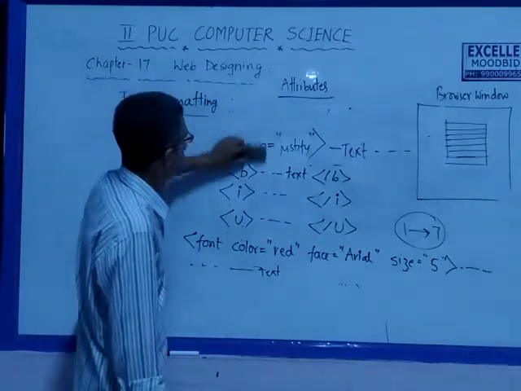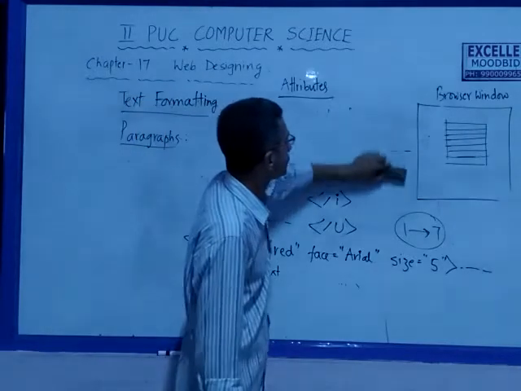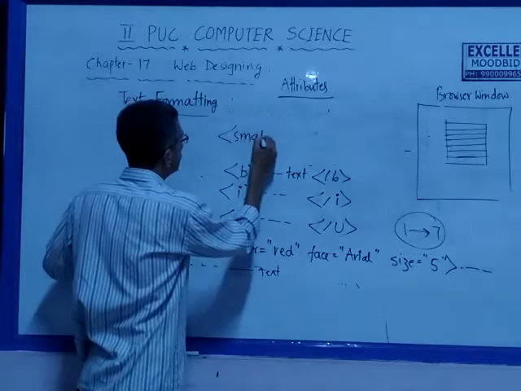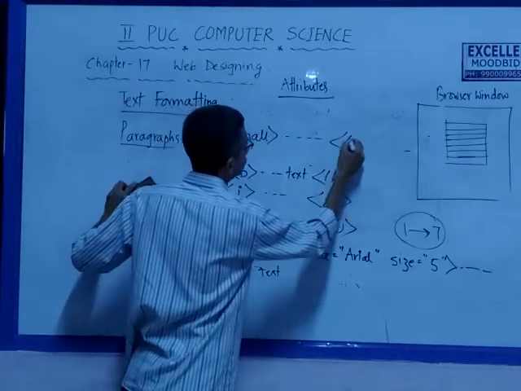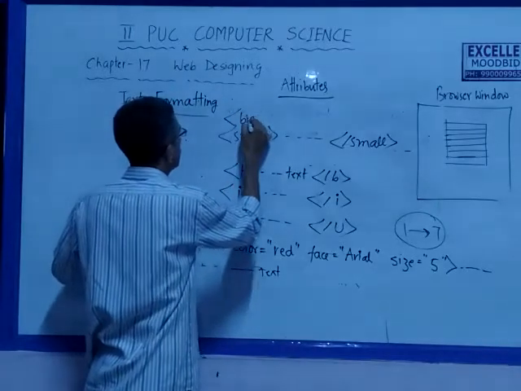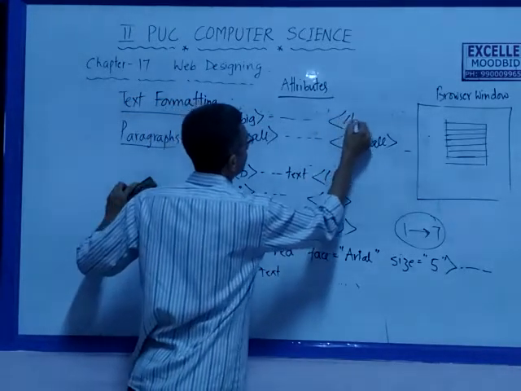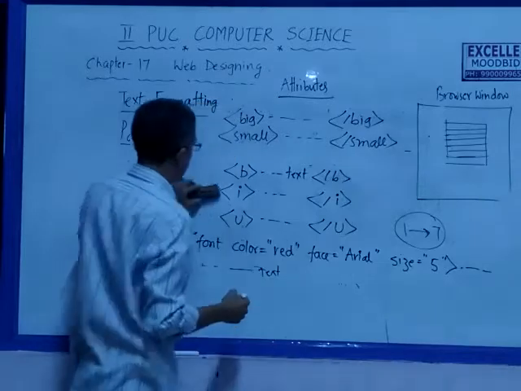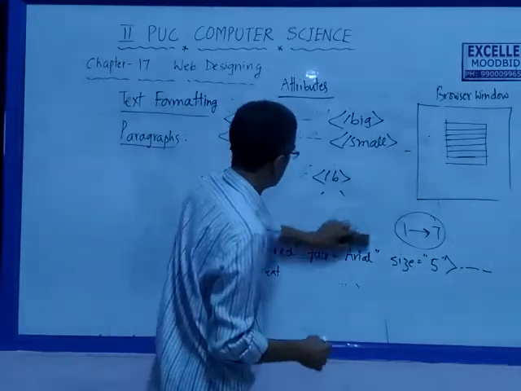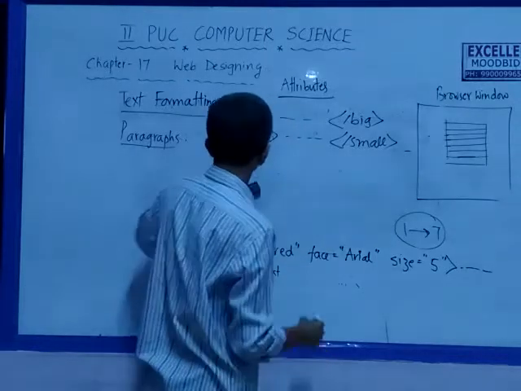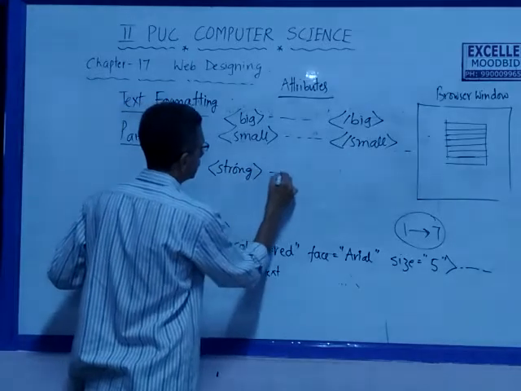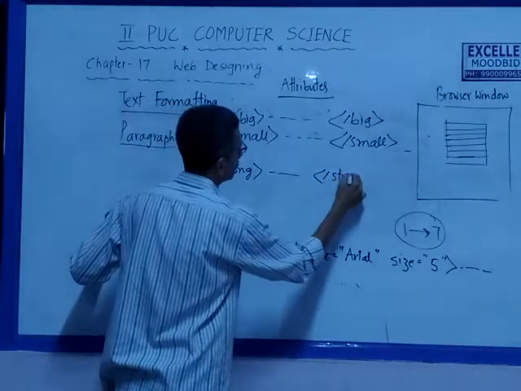And there are some other tags like small, text here and close small, big, close big, and strong, close strong.